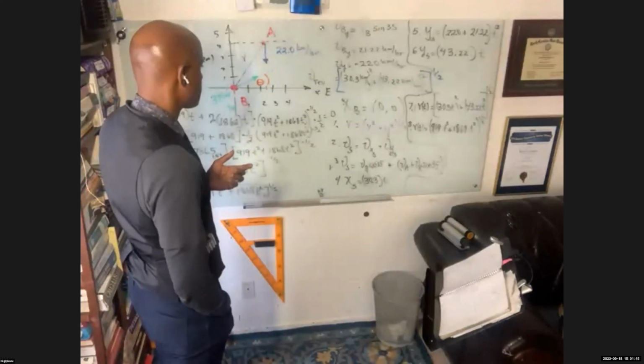Oh, the initial positions, you're right. The 4 kilometers north and the 2.5 kilometers east of ship B, we'll have to factor that in to get the answer.